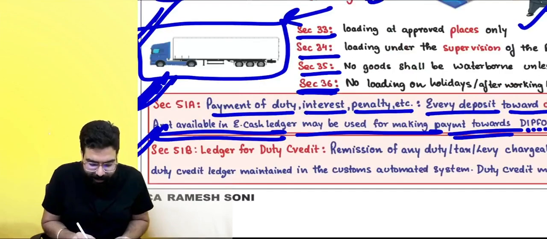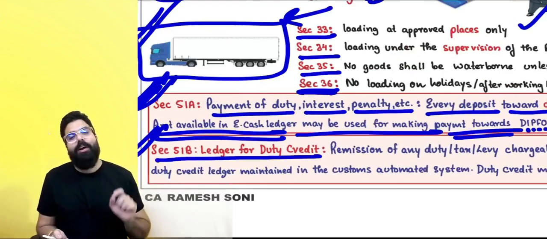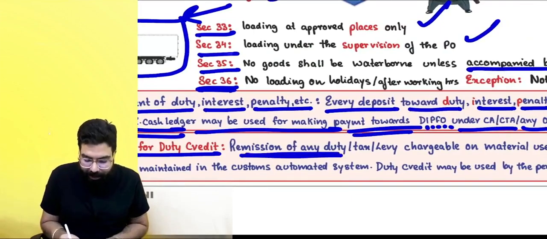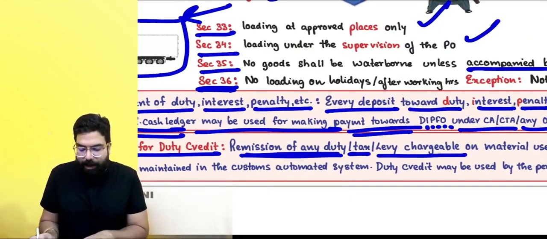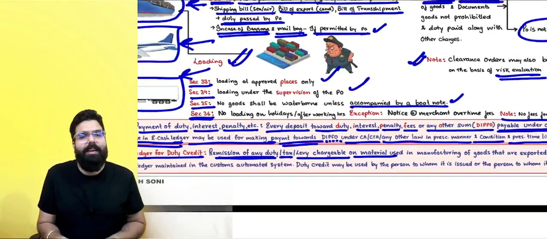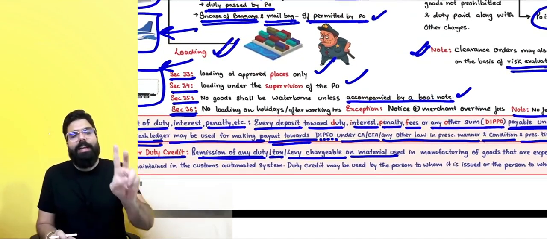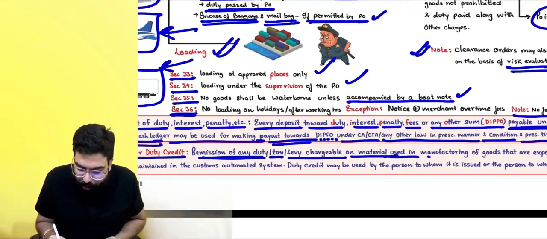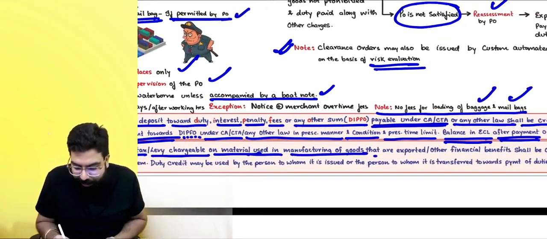Sir, if there is ledger for duty credit, which is section number 51B, remission of any duty, tax, levy chargeable on material. So if there is any remission of any duty, tax or any levy which was chargeable on material used in manufacture of goods that are exported.